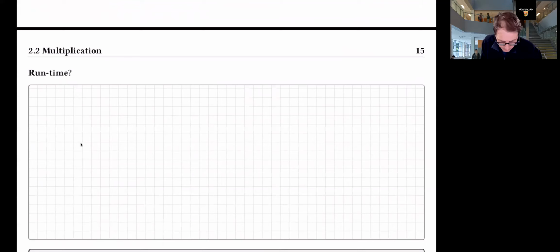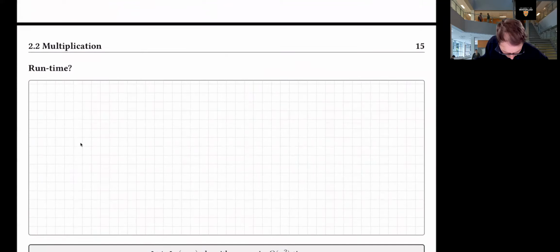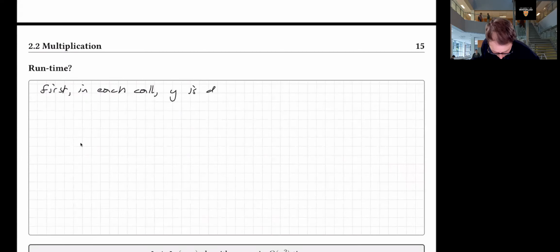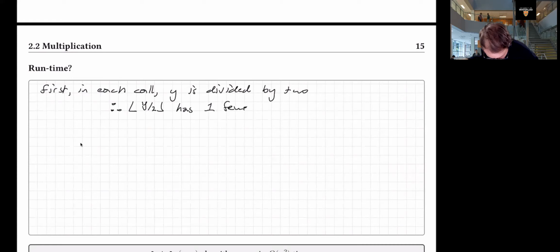So let me just write that out. First, in each call, y is divided by 2. So the floor of y over 2 has 1 fewer bit than y.